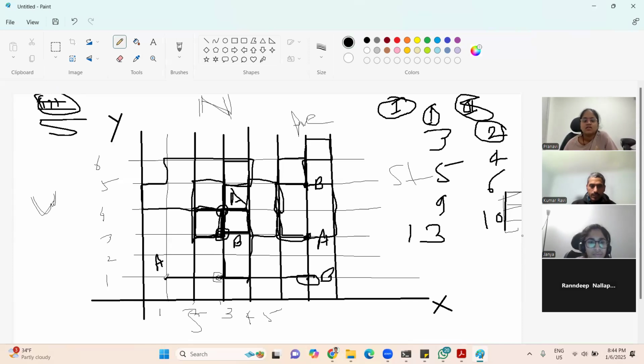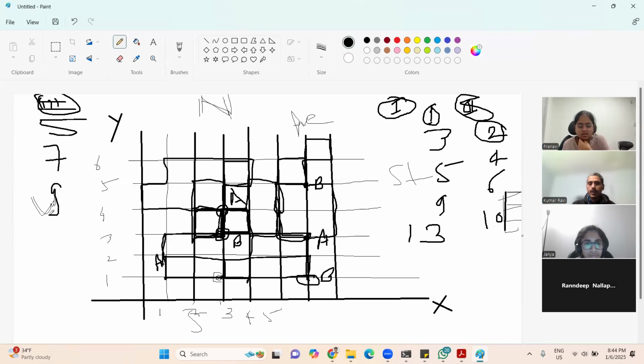Now you can see that if I go one line here and then go parallel here and come here again, only 2 is extra, right? So it is 7. Likewise, if I go again, 2 lines up and 2 lines up here, this 5 will be common. So 5 plus 4, 9. You got it?